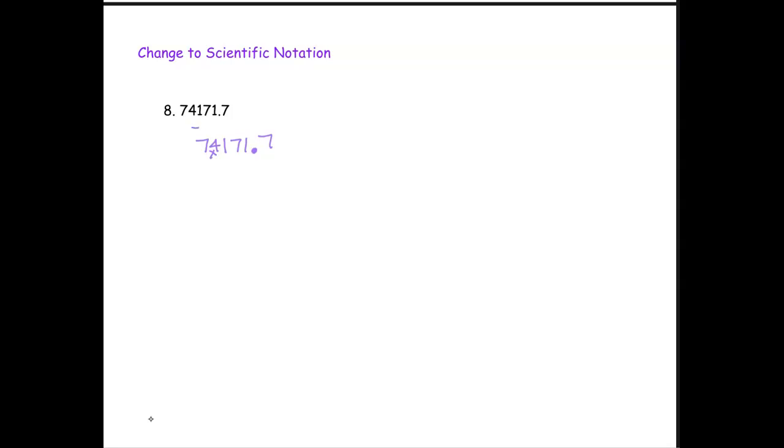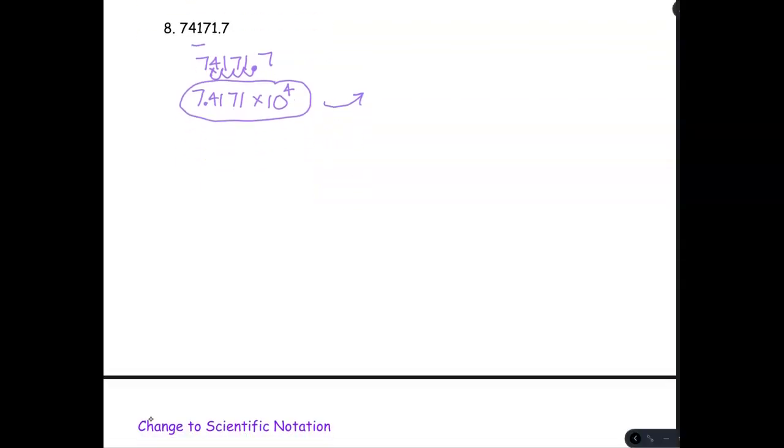Here's where I want to be, one whole number. One, 2, 3, 4. And I look at my beginning number and it's a big number. It's bigger than 0. And so I'll circle it and my exponent is positive. And again, if you aren't sure, just simply pull over your answer and then change it back to standard form and see if you get the right answer.